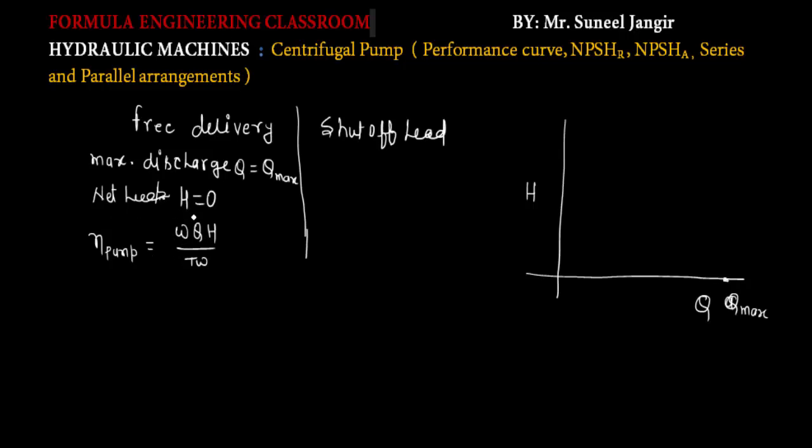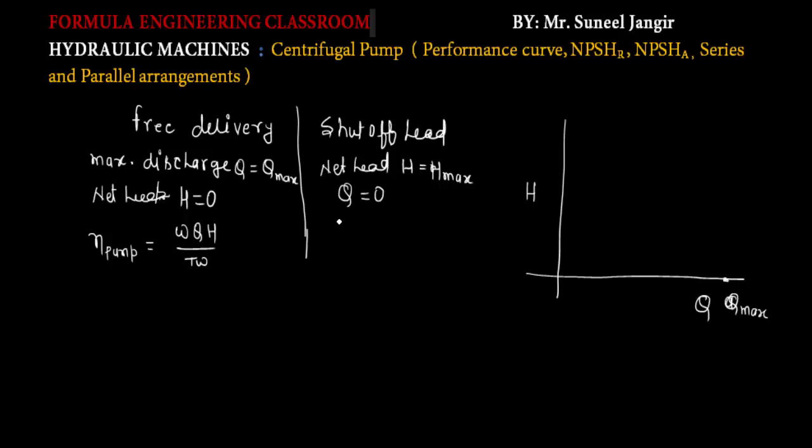Obviously in this case when the net head is 0, the pump is not doing any useful work, so here the efficiency is 0. Now, what is shut off head? Shut off head is the case where the net head H is maximum, and obviously the discharge is going to be 0.